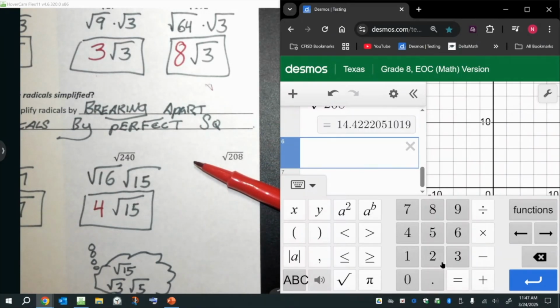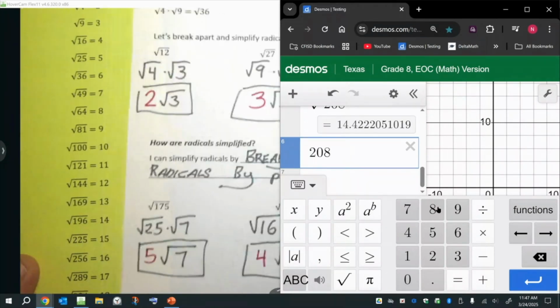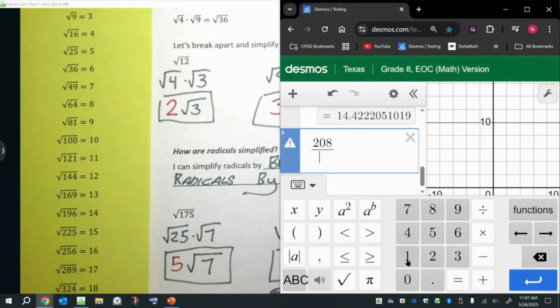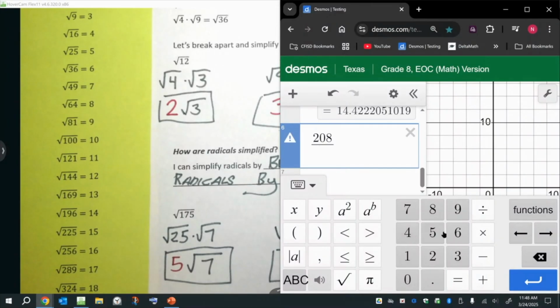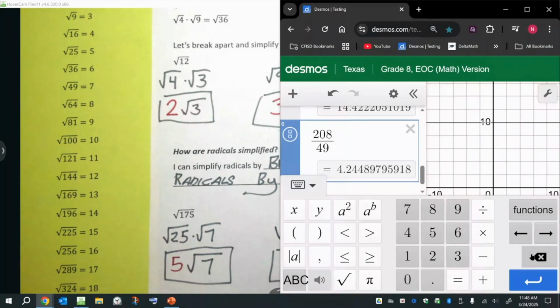So let's take 208 and start dividing it by perfect squares. 196, 169, 144, 121, 100, 81, 64, 49, 25, 16. Hey, 16 and 13.